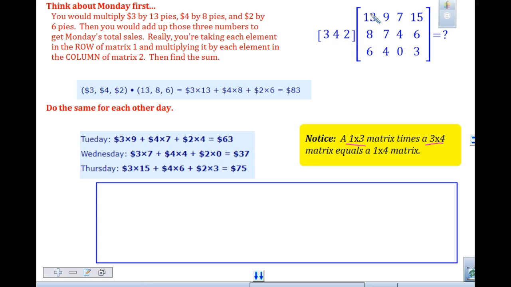That is going to give us the very first cell in our answer. So put the 3, 4, 2. We're taking that times our 13, 9, 7, 15.